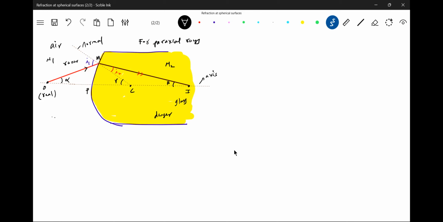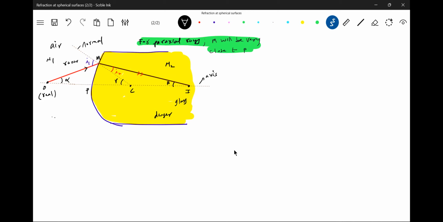So here M will be very close to P. So what will happen to the angles alpha, beta, gamma? They'll be very small. We can do some approximations here. This is the one basic condition: for paraxial rays, M will be very close to P.